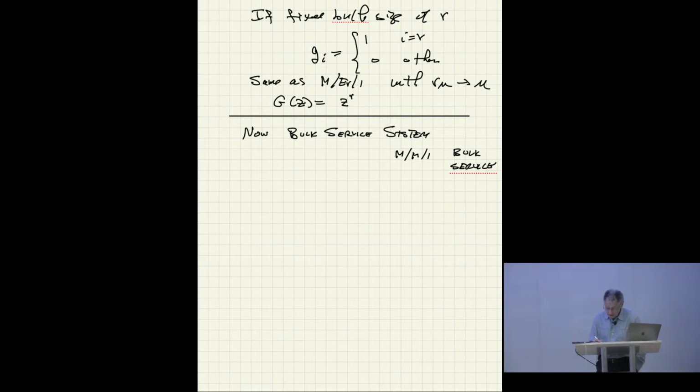So let's choose exponential service at a rate mu, of course, arrivals at a rate lambda, but every time somebody leaves, they take away R. So every time somebody goes into service, R people go into service, and they all get served as if they were one customer at a rate mu.